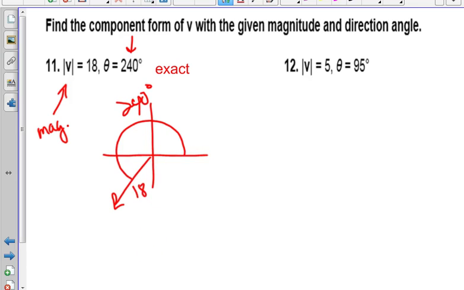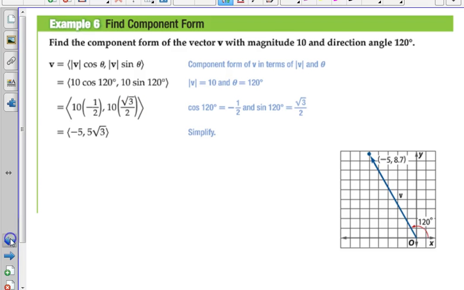How do we change that into x and y components? Do you remember? Yeah, it's this notation that they're using here. Everybody see that? Magnitude times the cosine of the angle, magnitude times the sine of the angle. Yesterday I said r cosine theta and r sine theta. It's the same thing.